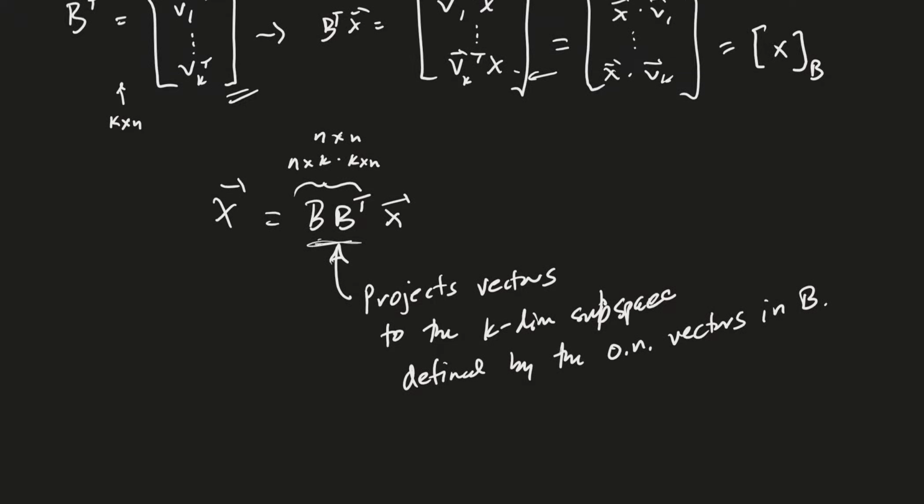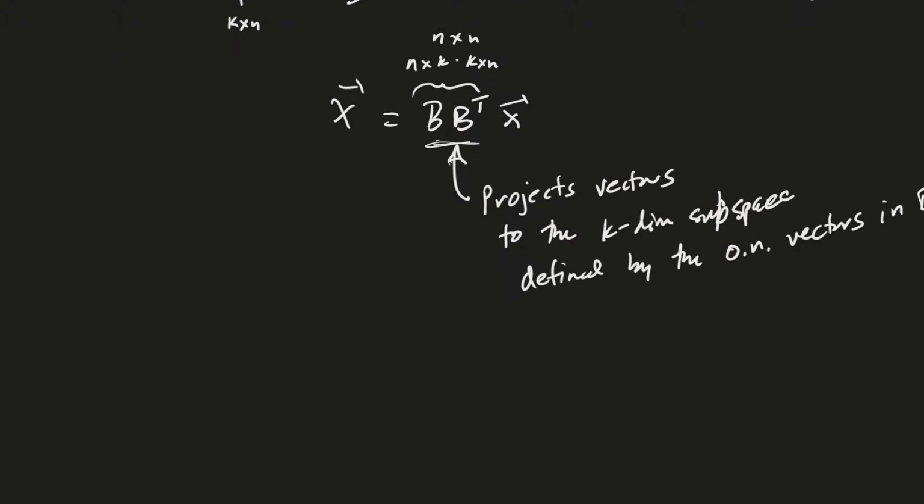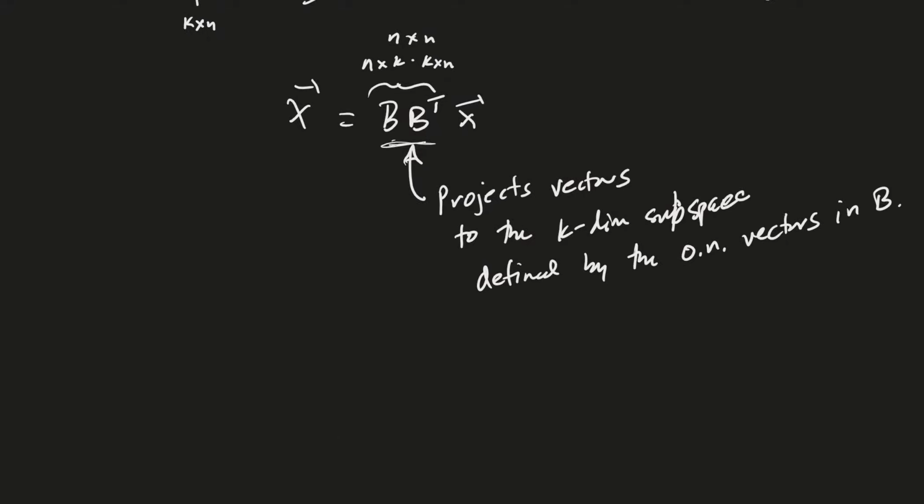Okay, and so let's do a little computation. Let B be equal to V1 through Vk. That's going to be n by k, and let's suppose that B has orthonormal vectors.